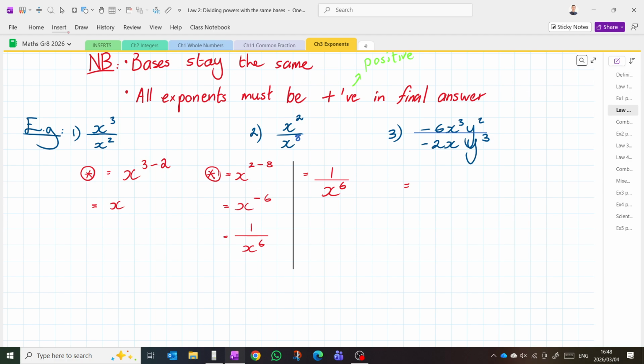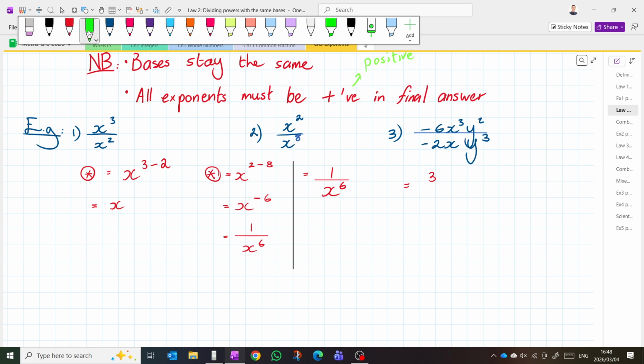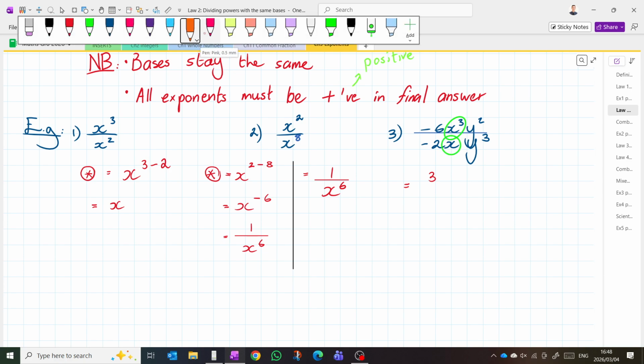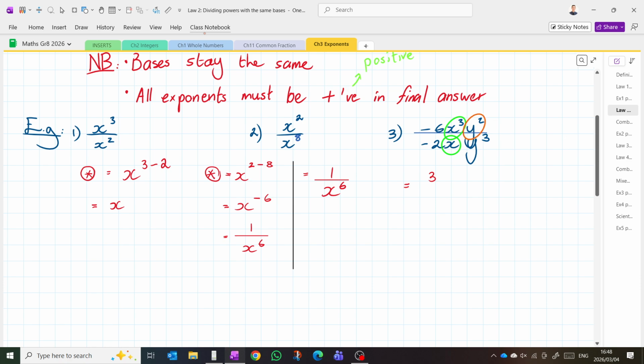I'm not going to write anything down in that case. 6 divided by 2, that can simplify, that will just be 3. It is 3 over 1 if you want to write the 1, but you don't have to. Let's see what happens with our variables first. Here's my similar variables or the same basis. So the x's are the same and the y's are the same. So those are the ones we can deal with.